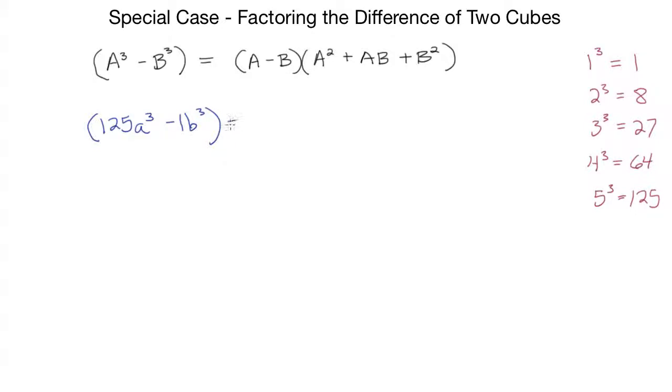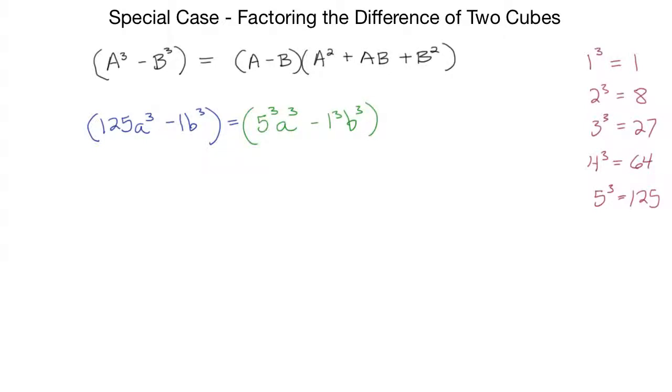So let's go ahead and rewrite this in cubic form here. So 125 I can rewrite as 5 to the third power, times a to the third power, minus 1 to the third power times b to the third power.